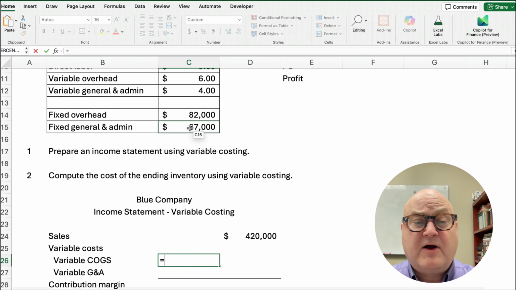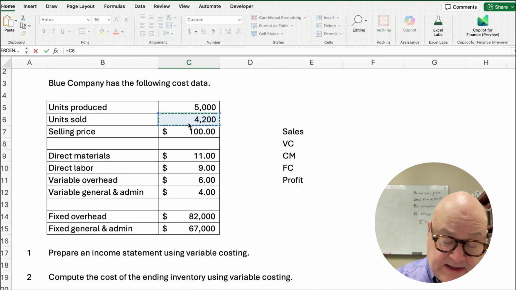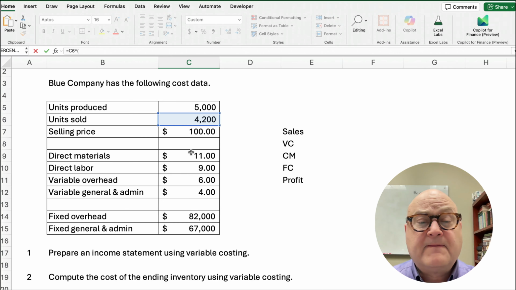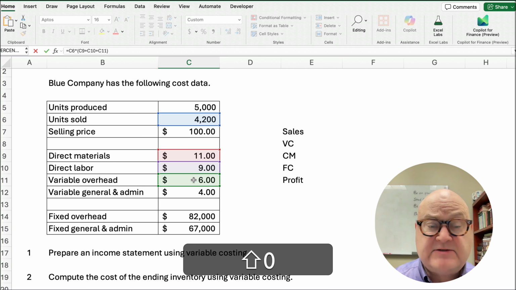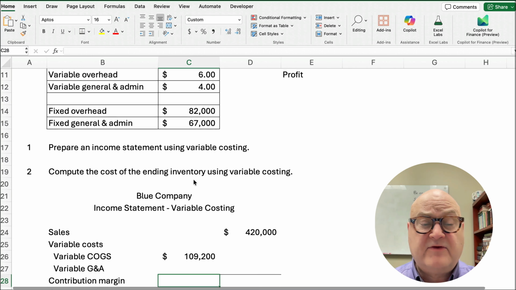So our variable costs are going to be made up of all these 11, the 9, and the 6. We're going to take 4,200 times, and I'm going to start parentheses, 11 plus 9 plus 6. So there is our variable cost of producing our product. So that's our variable cost of goods sold.